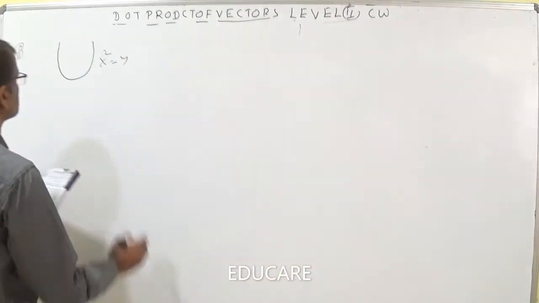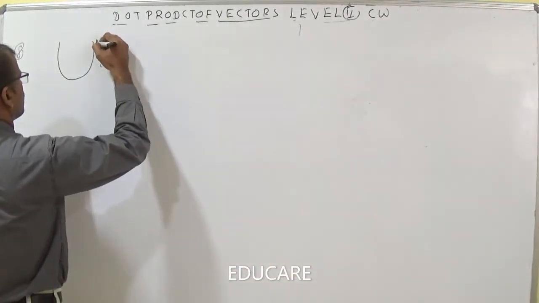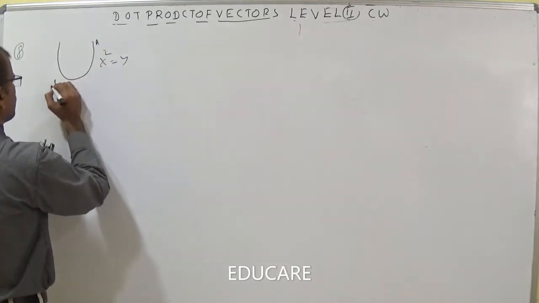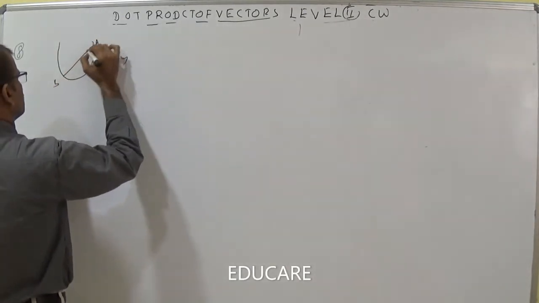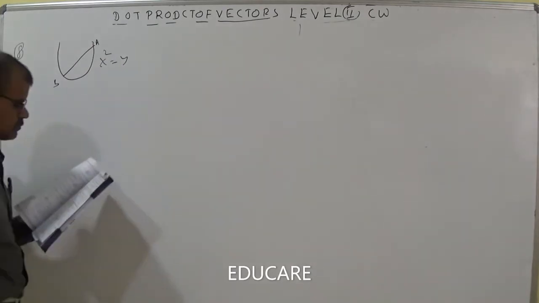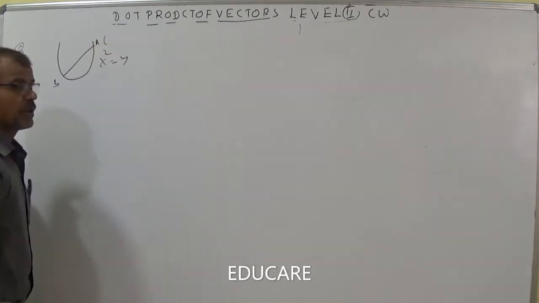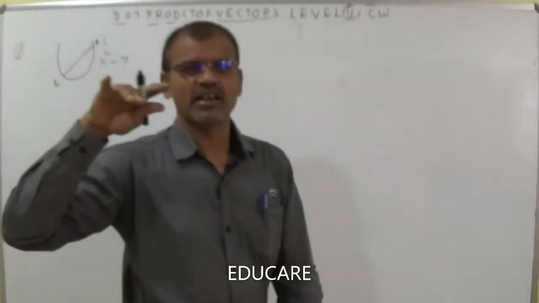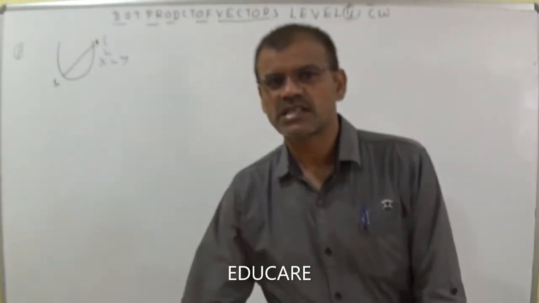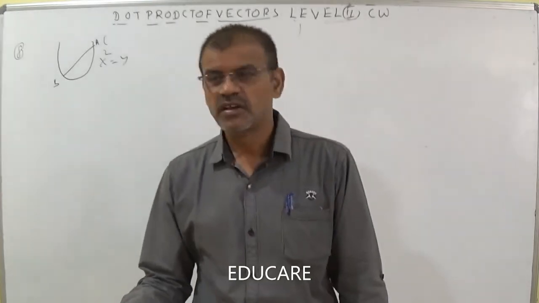Put here a point capital A and a point capital B on y is equal to x square. The parametric points of the parabola, as I discussed in tangents and normals, are (at square, 2at).